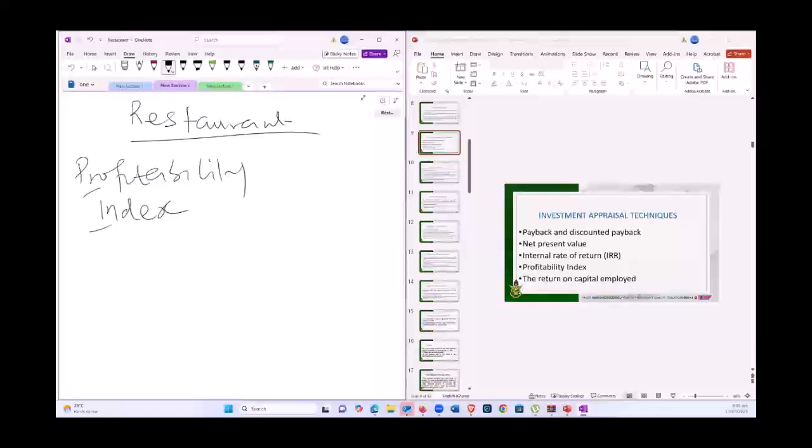The formula is simply PI equals total present value over initial investment.